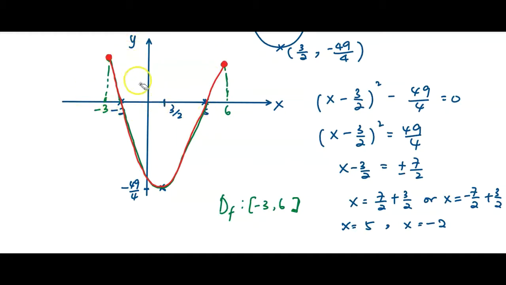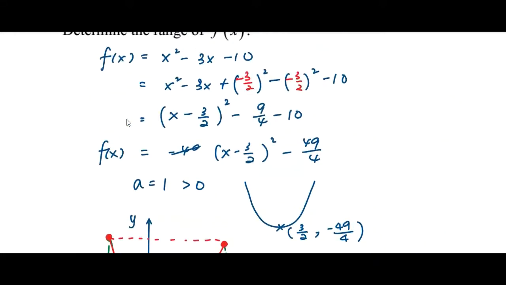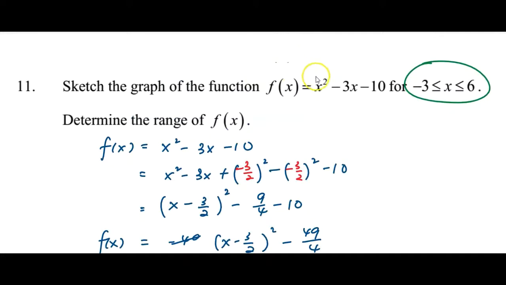So we just have this graph, and now we need to get the value of y when x equals to -3 and 6. Now just substitute -3 into your x. You will have y equals to 8, and when x equals to 6, what is the value of y?